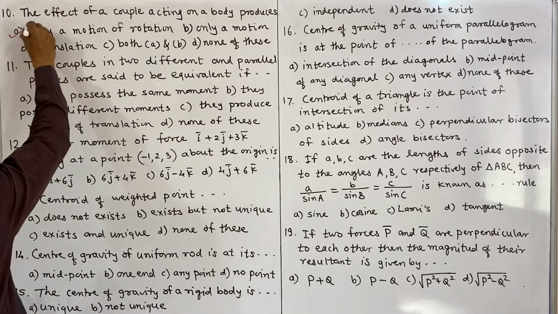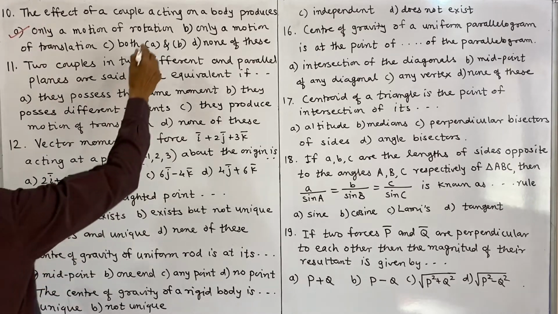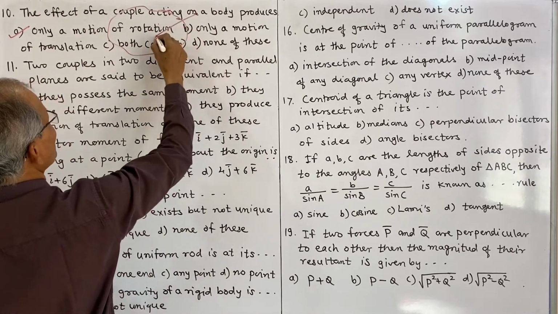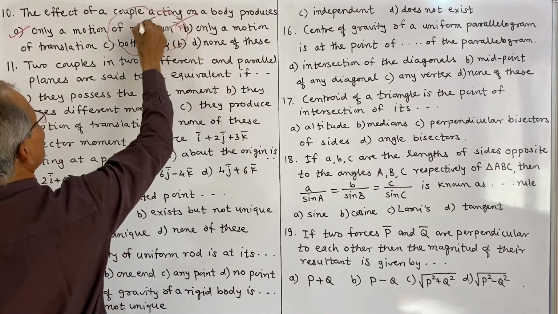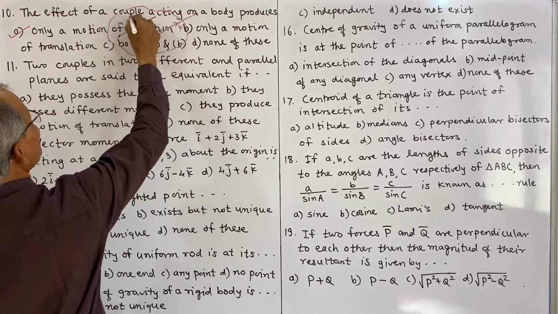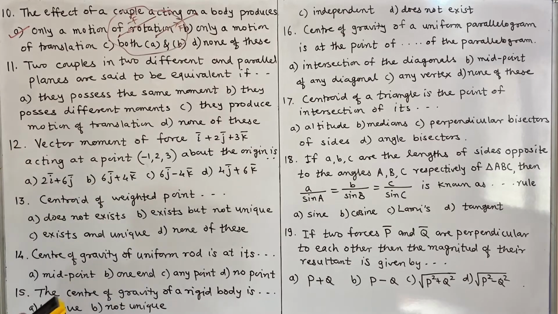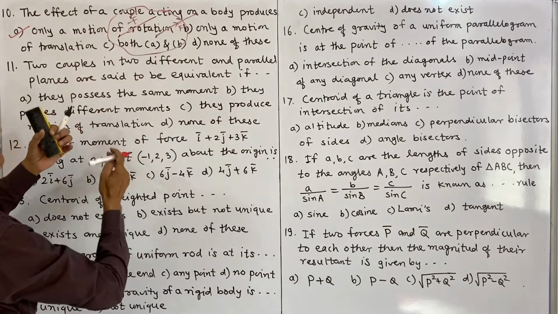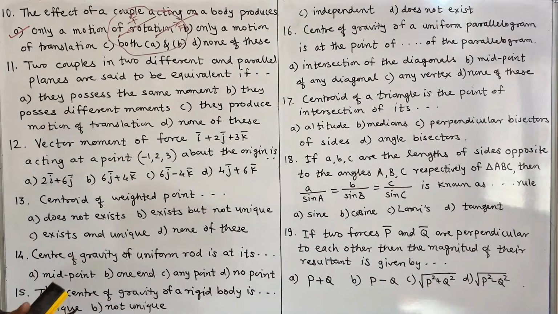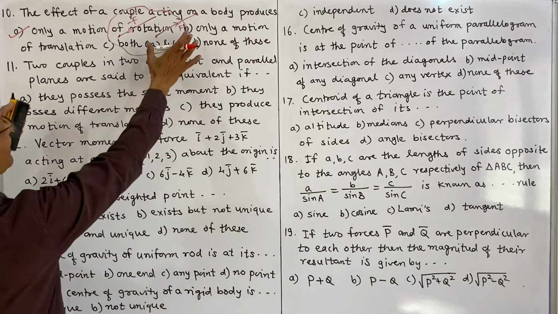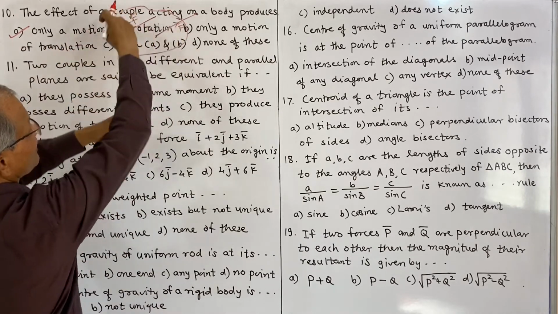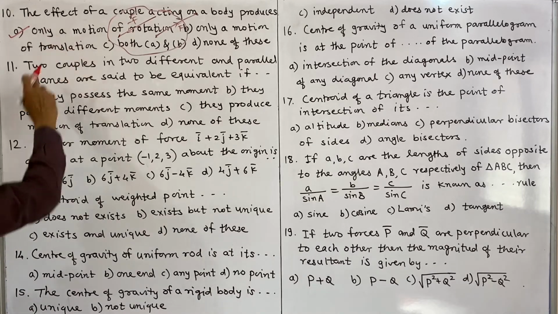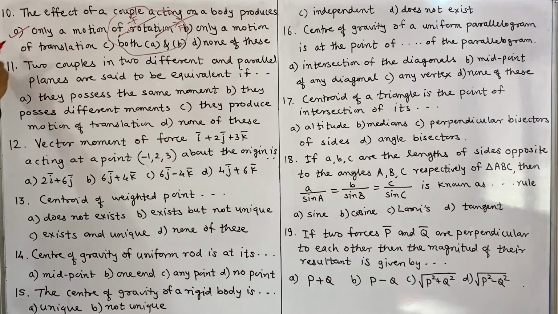Only a motion of rotation will be produced, because if this is a rigid body, one force is F and the other is minus F, acting at two different points, one in this direction and one in the opposite direction. Equal, unlike, parallel forces, so the effect of a couple will always be rotation, and thus it produces only a motion of rotation. That is, A is the correct alternative.